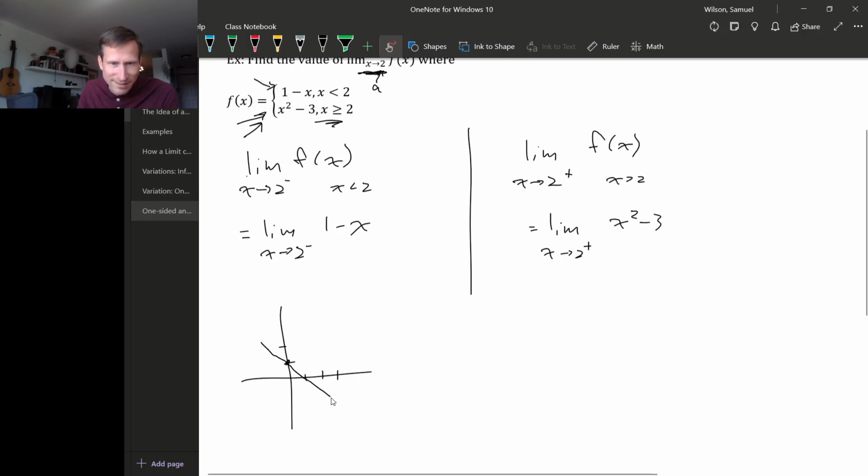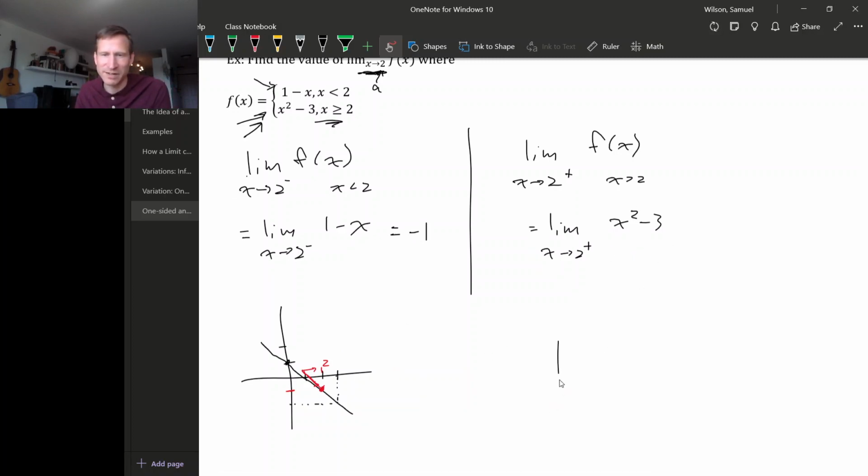Like this, that's a little better. If we start to the left of 2 and head towards 2, we're going to slide down to here. You can see that the height this point is sliding towards is actually just the value of this function at 2, and that's -1.